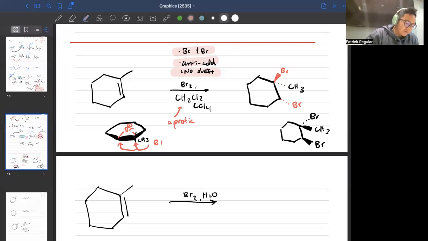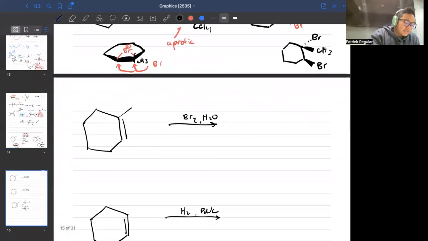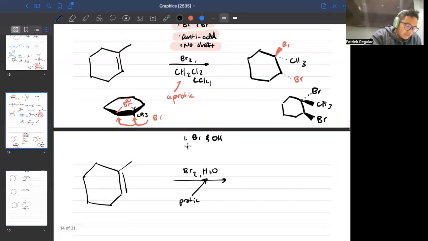Okay. Now let's look at Br2 and H2O. Here you have a protic solvent, an alcohol substance. So first off, it adds a Br and an OH. Anti-addition.